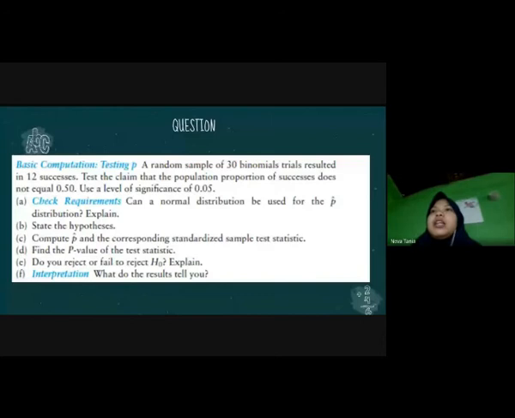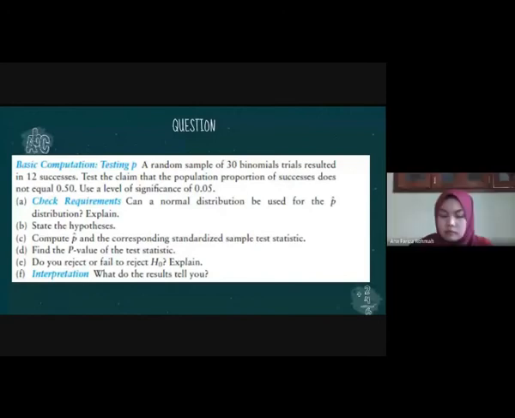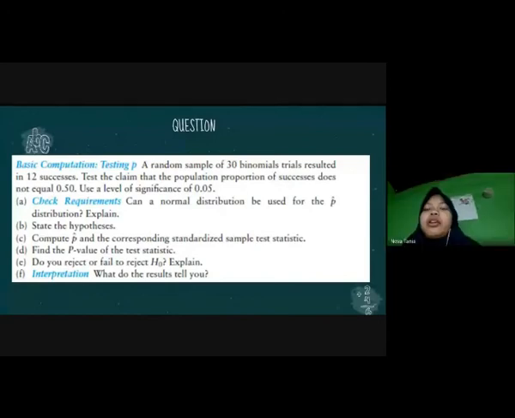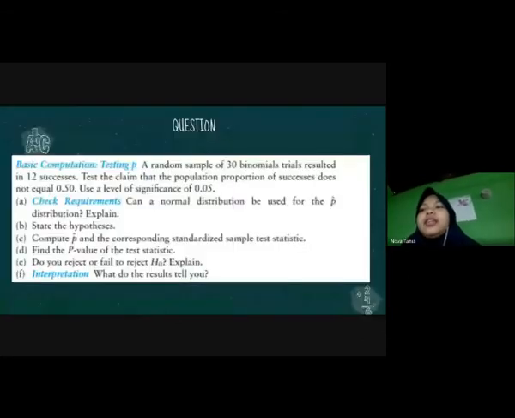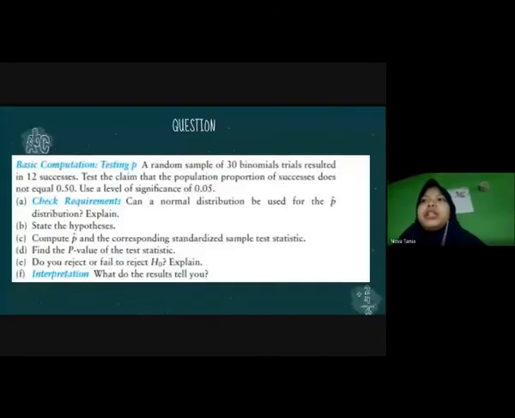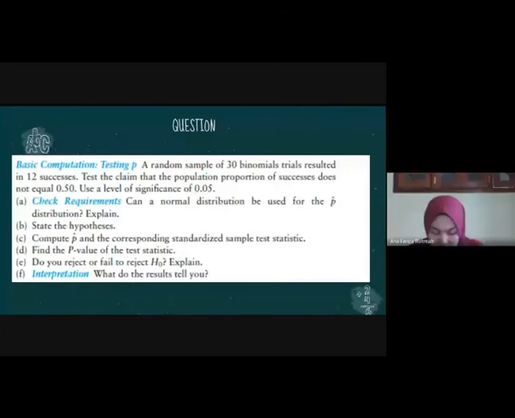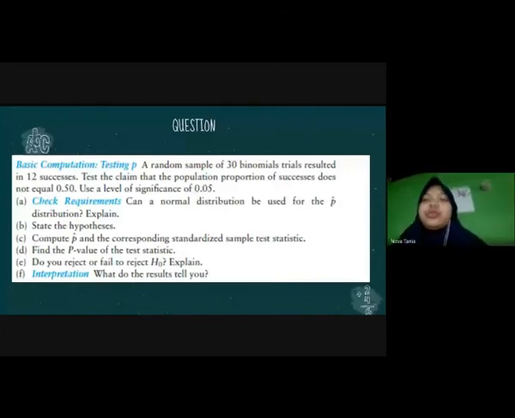This is the question. Please solve it, and then one or two of you explain your answer. I give you 5 minutes to solve this question.